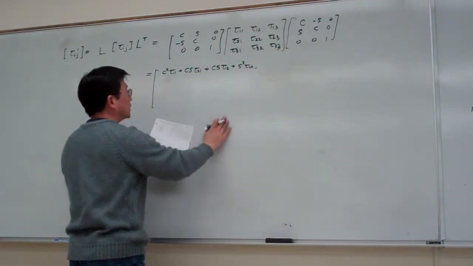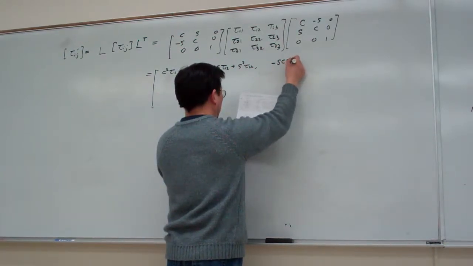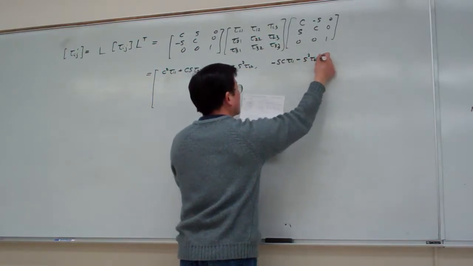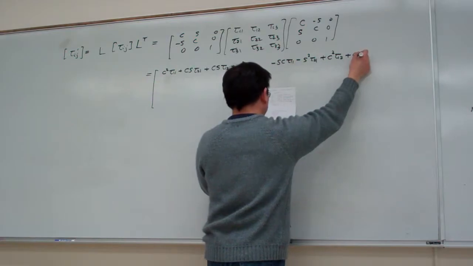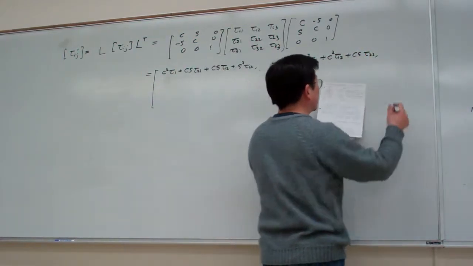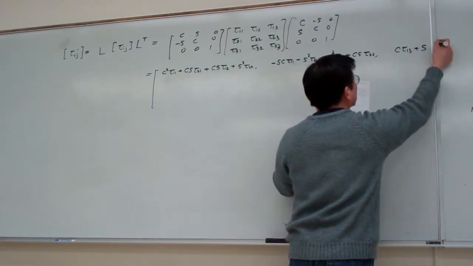The second element is minus CS tau 1 1, minus S squared tau 2 1, plus C squared tau 1 2, plus CS tau 2 2. The third one is C tau 1 3, plus S tau 2 3.